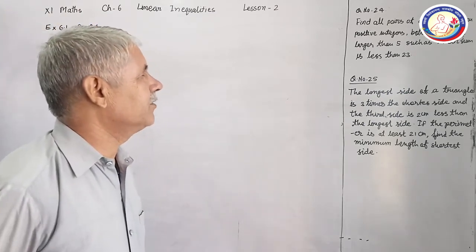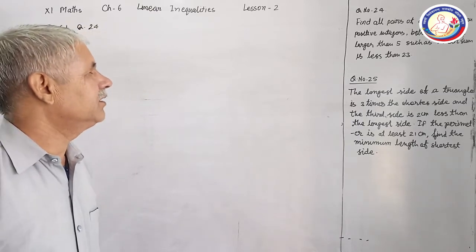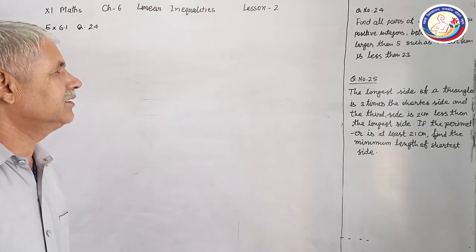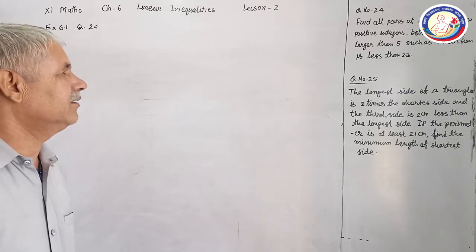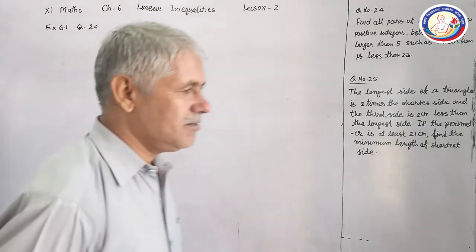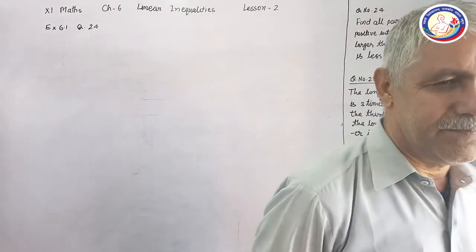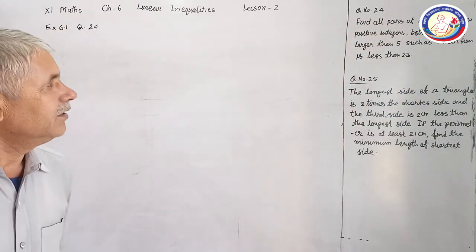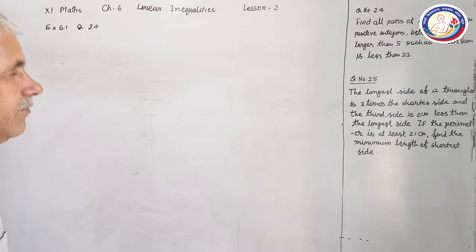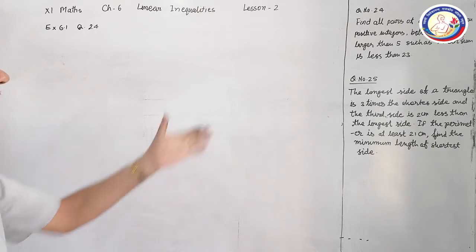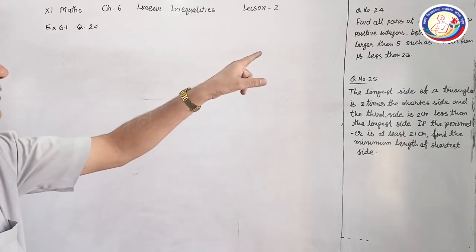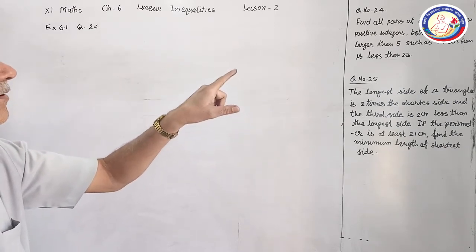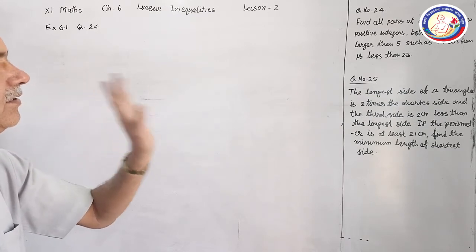Find all pairs of consecutive even positive integers, both of which are larger than 5, such that their sum is less than 23. So we have to find some pairs of integers which are positive. First of all, read the problem carefully. We have to find the solution in integers, and the integers are positive.